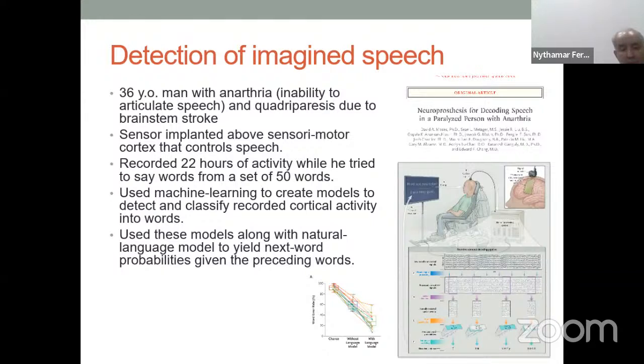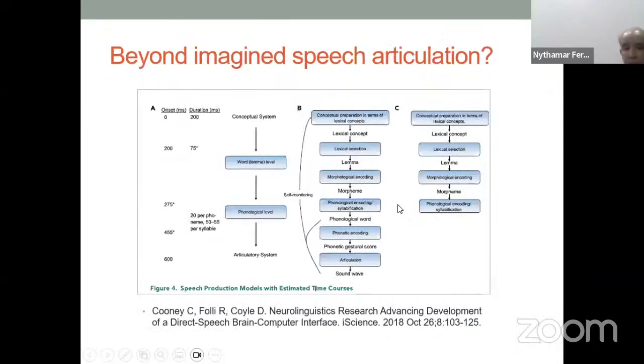Now, to me, this gets really interesting. When I was reading about this, I thought, great, here's a whole other field I need for my 10th life, that I need to do everything that I want to do in my life. But neurolinguistics, fascinating, trying to figure out the models of speech production. And there's a whole bunch of different models. It's relatively poorly understood how we communicate. But a lot of them involve this sort of sequential or modular approach.